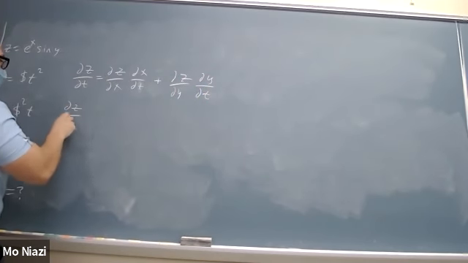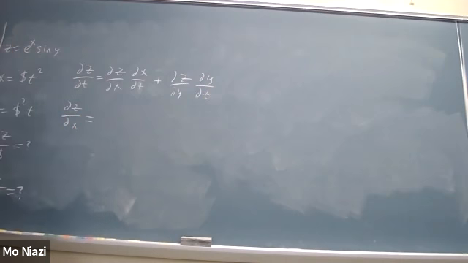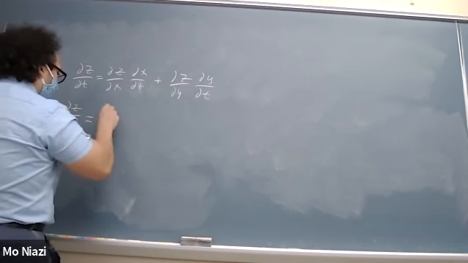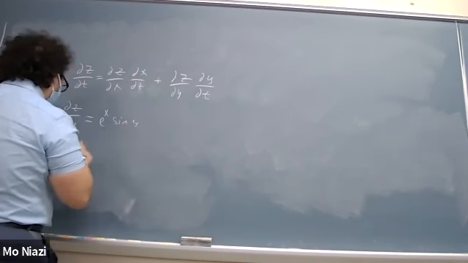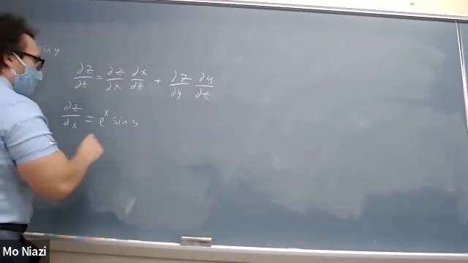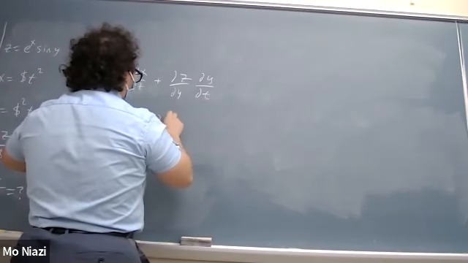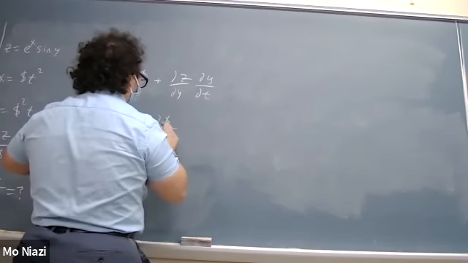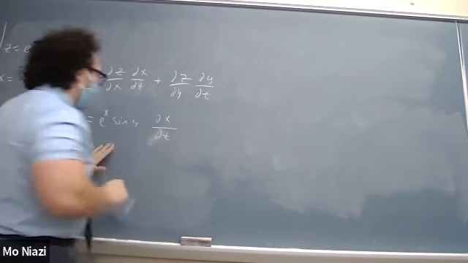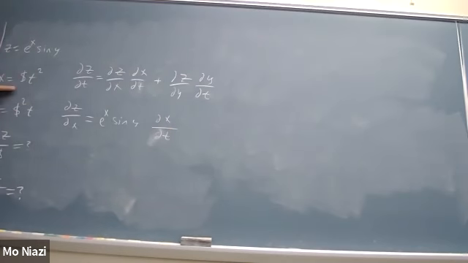Partial z, partial x is taking the partial x of this. Partial x, partial t is taking partial t of this.